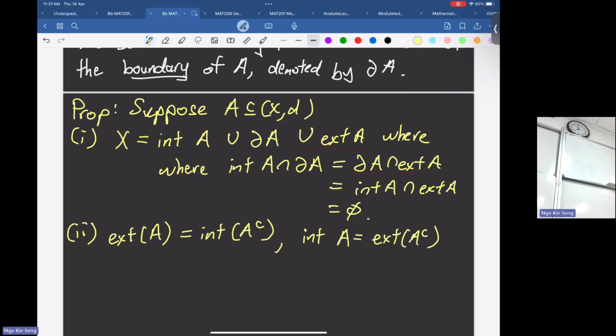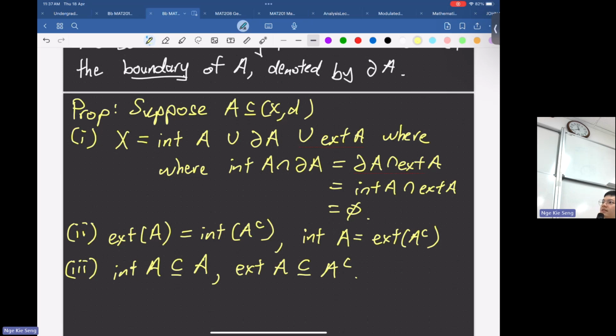If you get the first statement, the second statement is immediate. What else? The interior of A is always a subset of A. You might want to think why the other direction is false. And the exterior of A is similarly a subset of A complement.